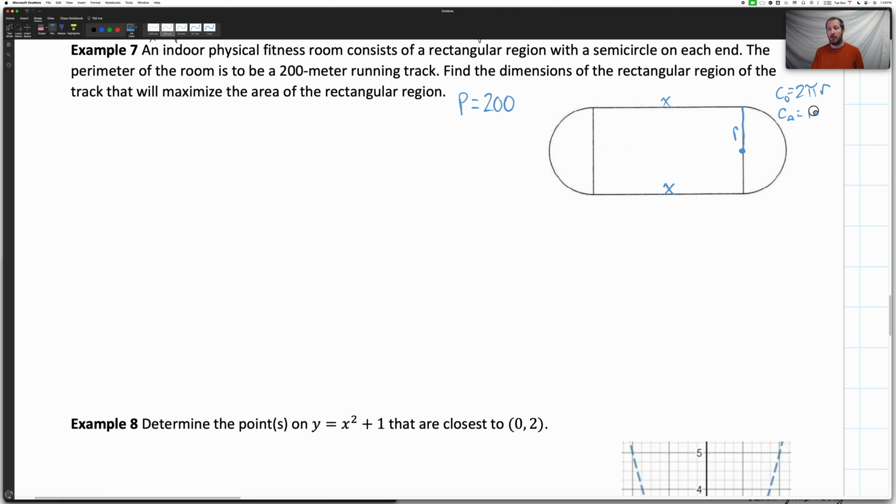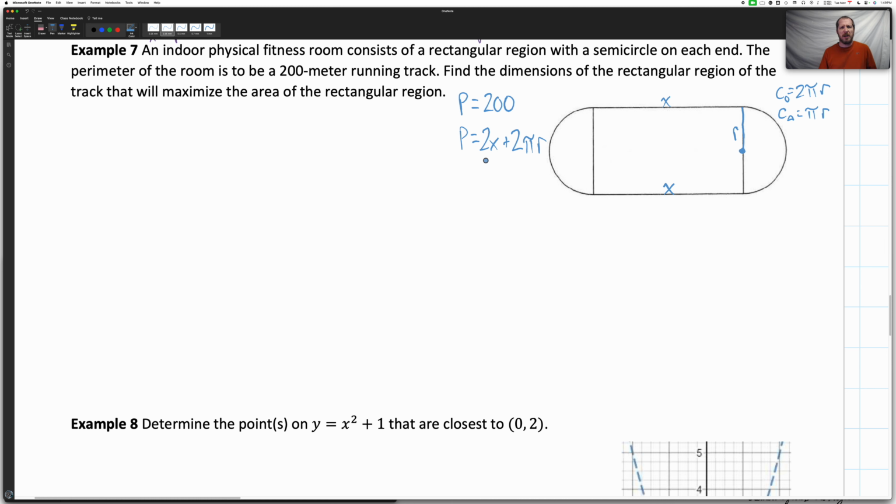Half of 2 is 1, so it's just going to be pi times the radius. And if we just call that r for now, we can say our perimeter is going to be these two x's and 2 of these pi r's, to find our perimeter.